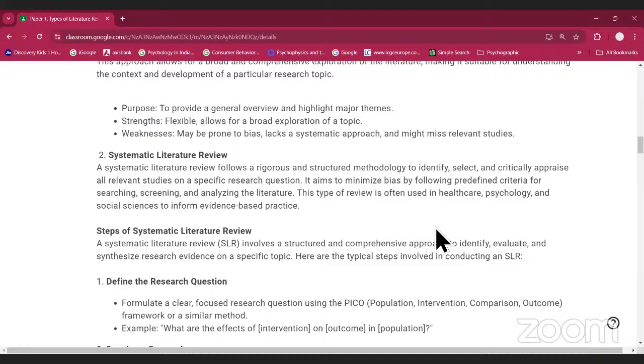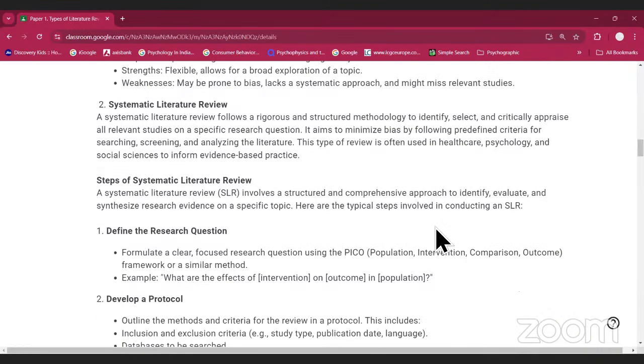Steps of systematic literature review. A systematic literature review, SLR, involves a structured and comprehensive approach to identify, evaluate, and synthesize research evidence on a specific topic. Here are the typical steps involved in conducting an SLR.